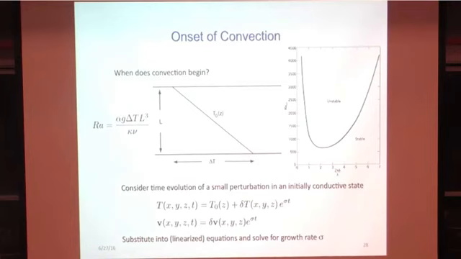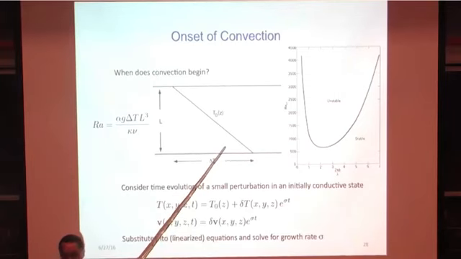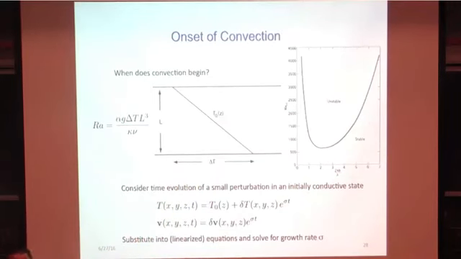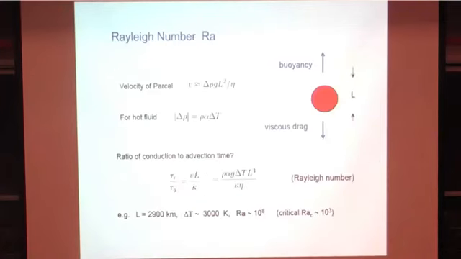Okay, so physically, though, what's going on is a competition between two processes. We're producing buoyancy at the bottom because it's hot, and light things want to rise, but we're also transferring heat at some rate as well. And if conduction is efficient enough, then convection will not arise. And so this gives rise to a physical interpretation of the Rayleigh number.